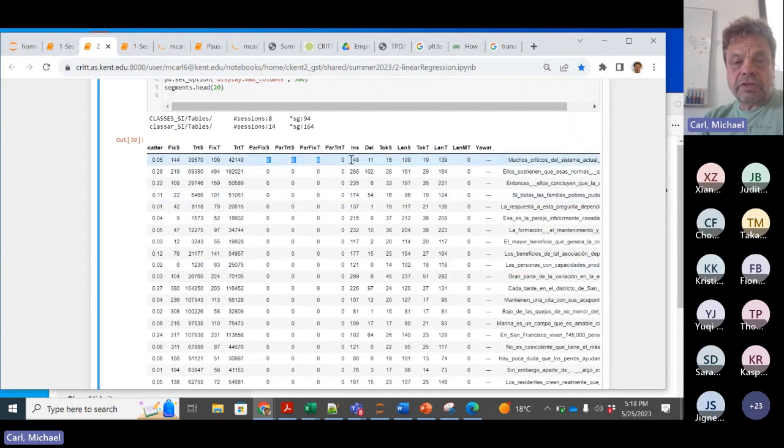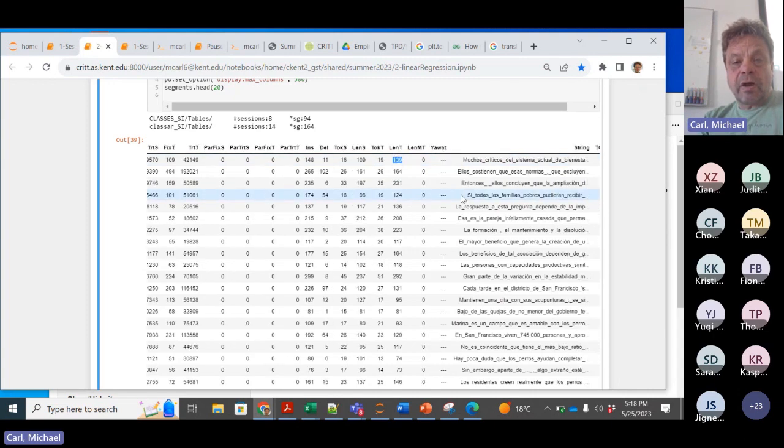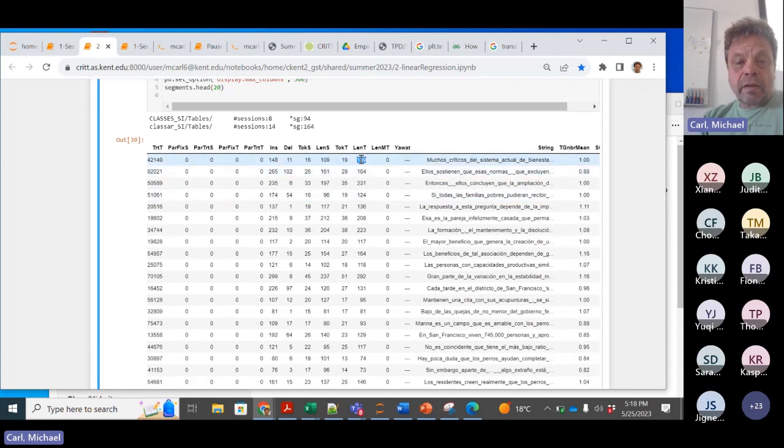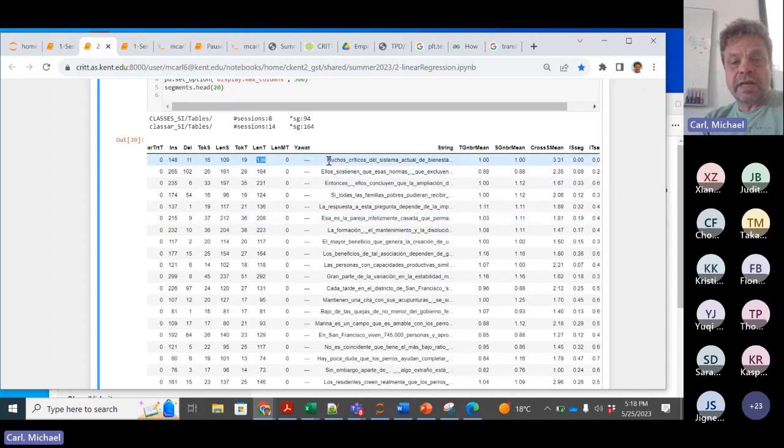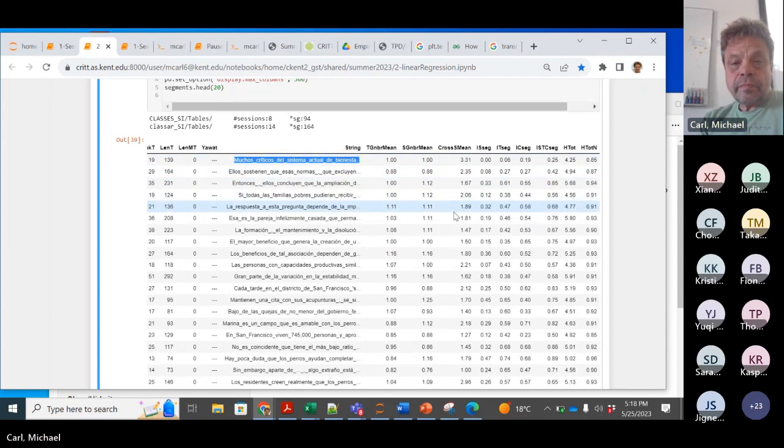So here we have the insertions for that segment, the deletions, the number of source text tokens, the number of source text characters, target number of tokens, target number of characters. This was the case if we had machine translation. Here is the actual translation that was produced. That's the string.